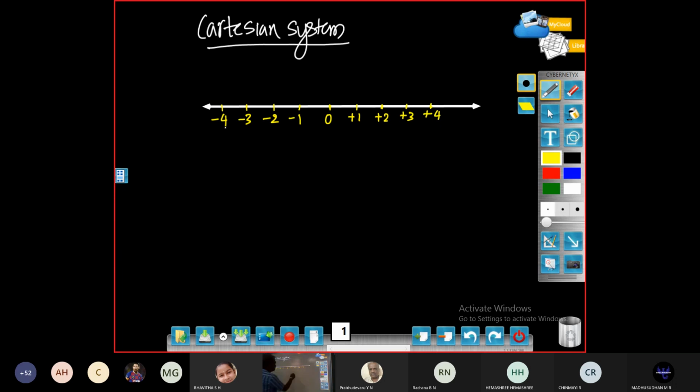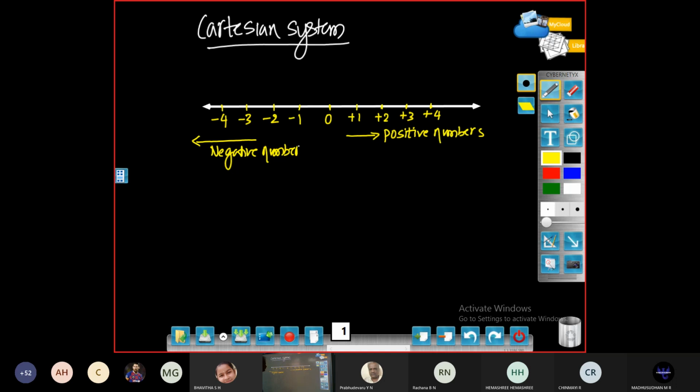So these are all positive numbers in one direction. And this side we represent the negative numbers in the other direction.